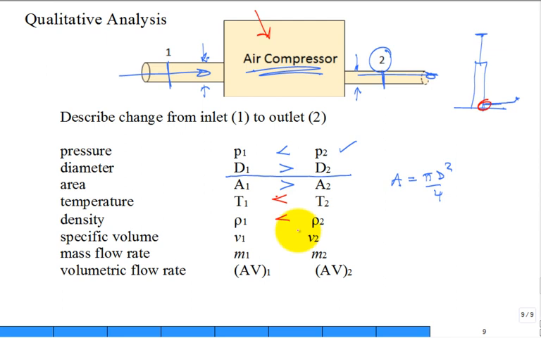Just the opposite, the reciprocal of the density. It takes less volume for the same kilogram or pound of substance when it's compressed. All right. What about the mass flow rate? This is m dot in and m dot exit. They're equal.